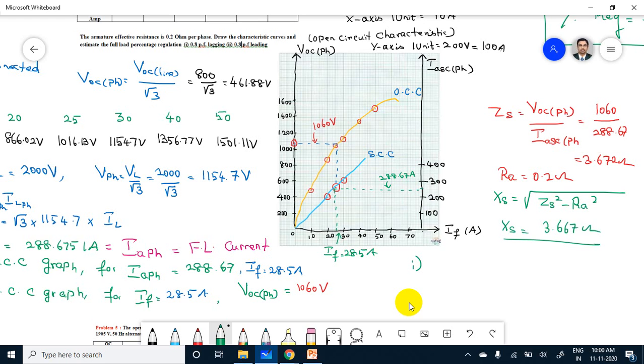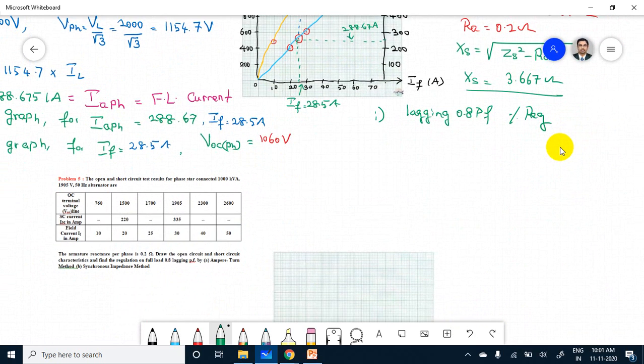Now as per our question, the first subdivision is to estimate the full load percentage regulation for 0.8 power factor lagging. The same formula you have to use.